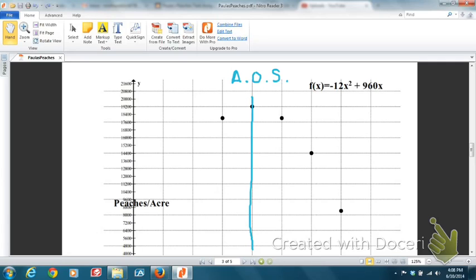Here you see you have a point right here on the right side, and then it's reflected on the left side. So they're asking you to complete this parabola by putting the points on the left side. I think that you all can understand how to do that. The points will match to make that parabola.